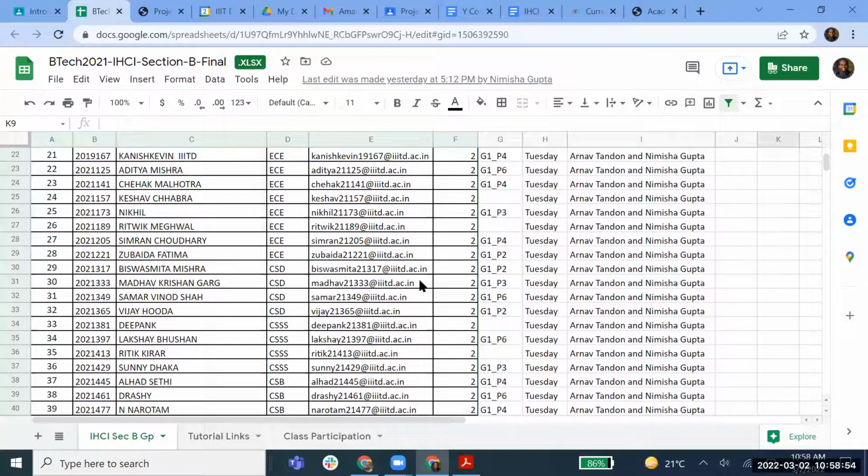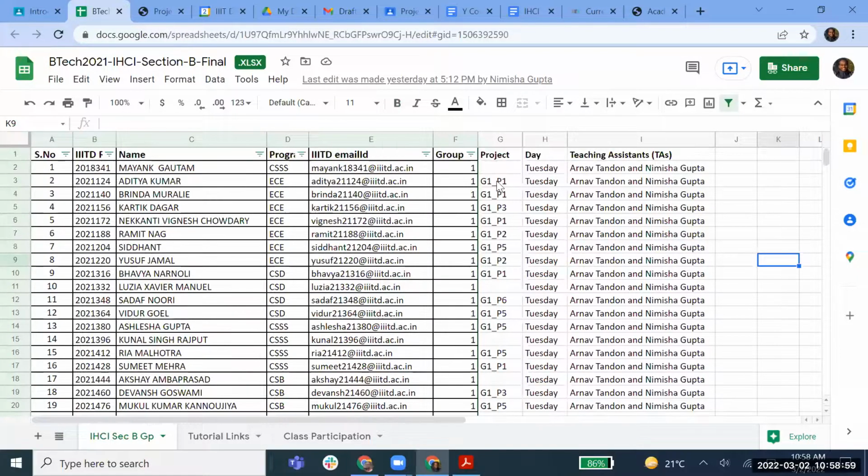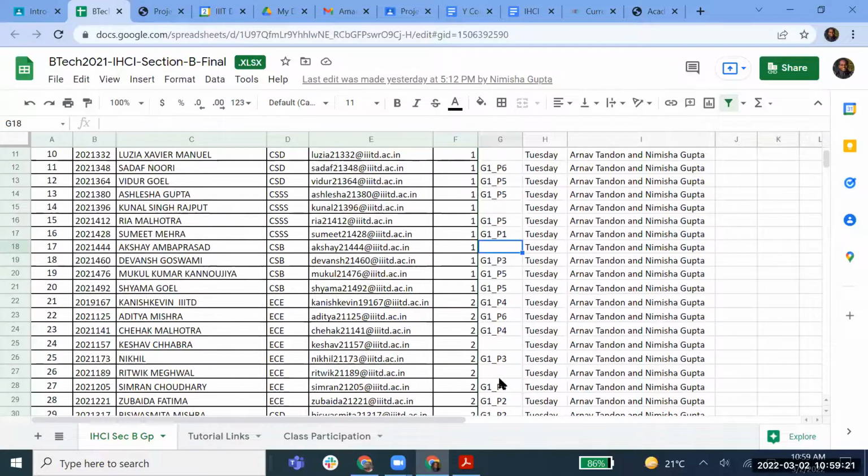It seems that some students still haven't written their name. Are they not part of any group? Let me check, for example, Mayank Gautam, are you here? Lucia Xavier, are you here? Kunal Singh Rajput, Akshay, any of you here?